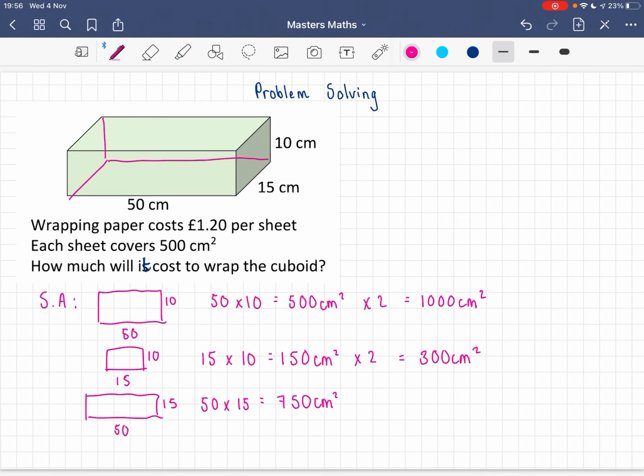And again, we need to multiply that by 2 because the top and the bottom have the same area, they have the same shape, which gives us 1,500 centimetres squared.